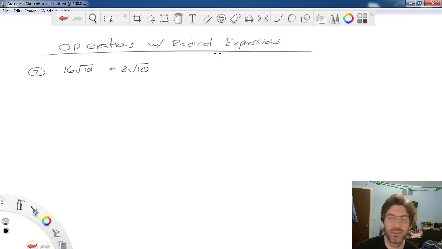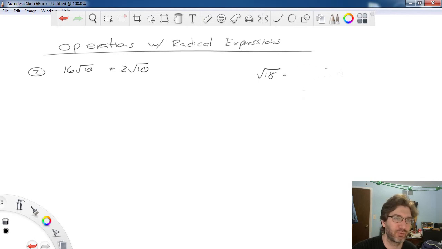So the reason I did 9 and 2 for the square root of 18 is that I can take the square root of 9, and then I have the square root of 2. If I did 6 and 3, I don't know what that is, and I don't know what this is. So you need to pick one that is a perfect square.